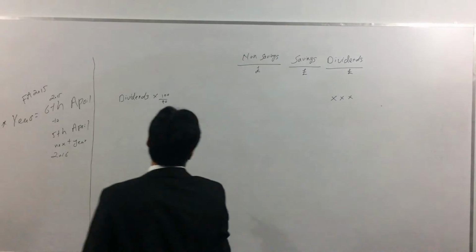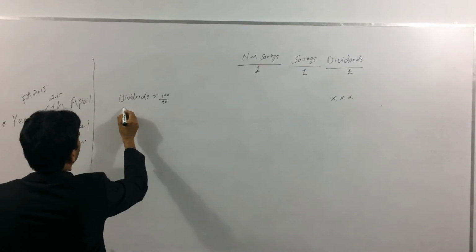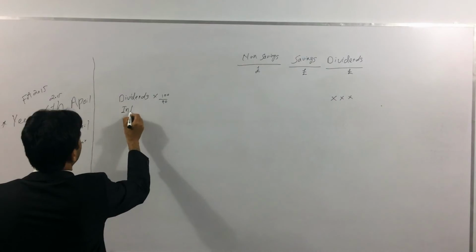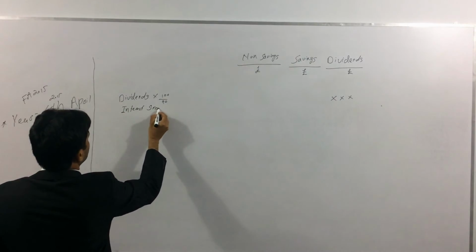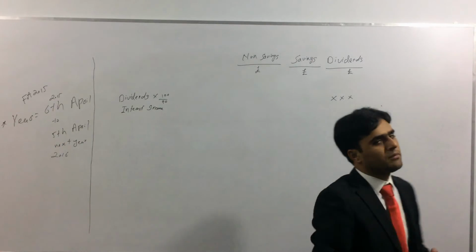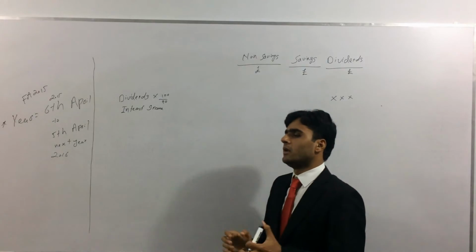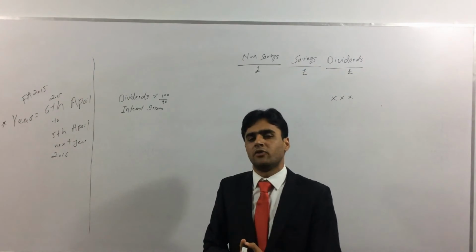Okay, so shall we move to the next component? The next component is called interest income. Say for example, I had some extra money which I was putting to one side each and every month when I am paid my salary.